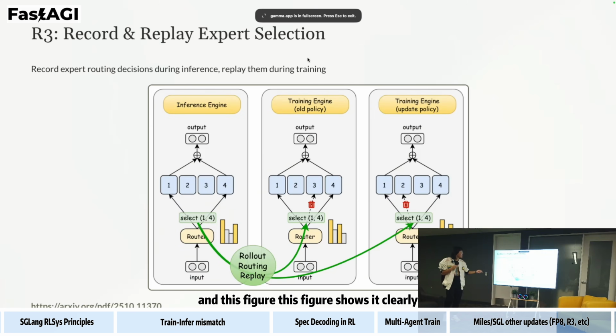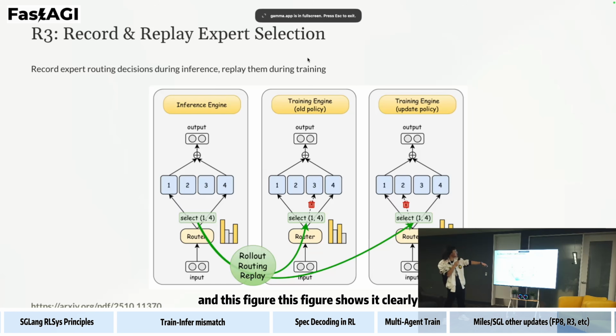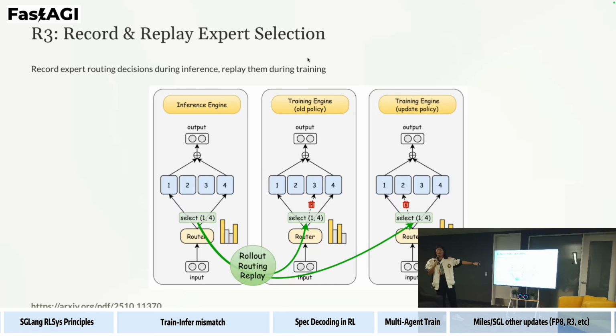And this figure shows it clearly. It's coming from Xiaomi's Mimo team. They recently open sourced their best model to date, and their model is actually trained with SGLang's rollout backend. If I recall, Qwen and DeepSeek also have the same idea in their paper.